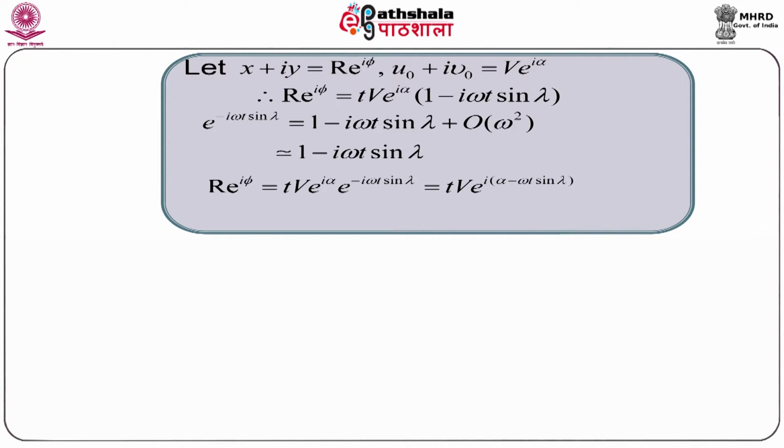Let x plus iy equal to capital R into e to the power i phi, and u0 plus i v0 equal to capital V into e to the power i alpha. Therefore, capital R into e to the power i phi equals t into capital V into e to the power i alpha into 1 minus i omega t sin lambda.